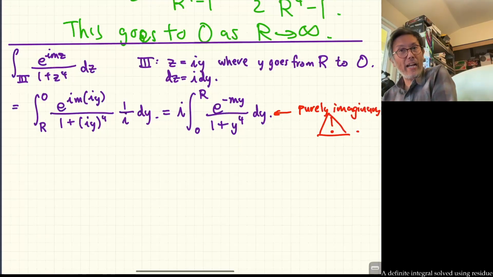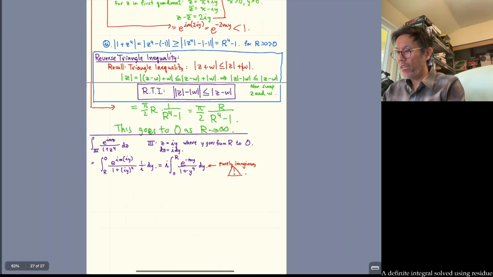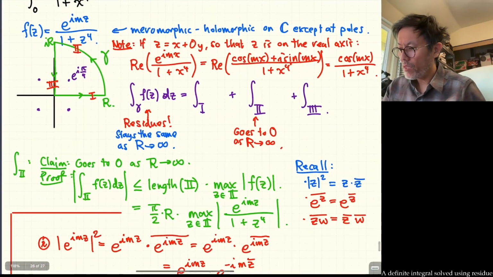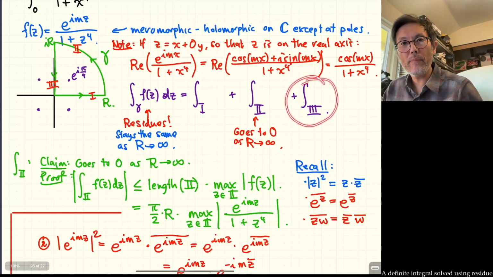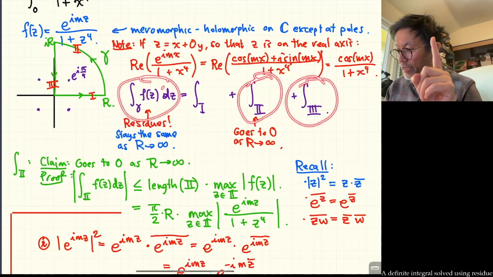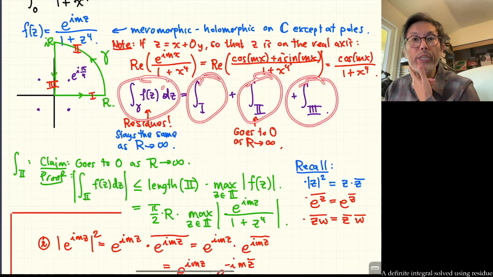And I could stress about what that imaginary part is, okay? But what I'm trying to get at is if you're looking at this integral here, and you know this part is purely imaginary, now this part is going to 0 as r goes to 0, then what you know is that this integral here is equal to the real part of this integral.